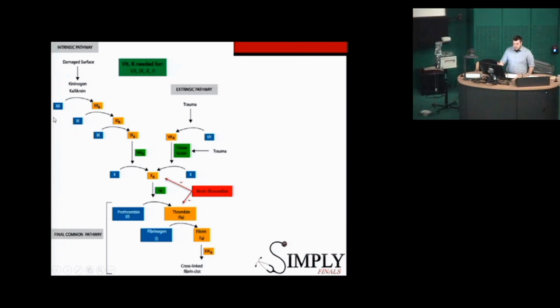But the intrinsic pathway is where your haemophilias affect, and is tested by the APTT. The thrombin time is just testing the final common pathway. You basically add thrombin to it to see if the fibrinogen forms the fibrin.